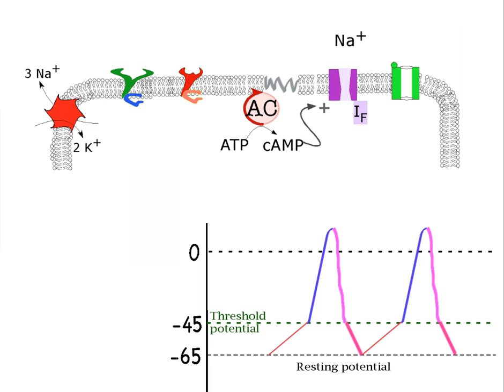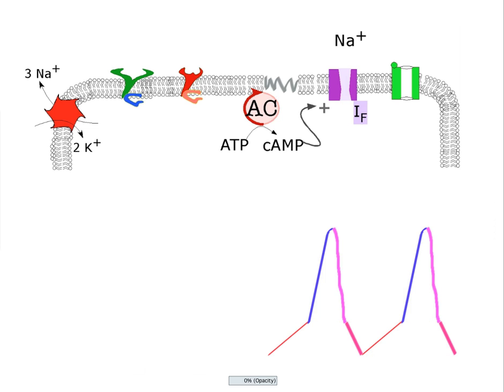Another thing you could think about is how adenylate cyclase rate influences the rate of heartbeat.